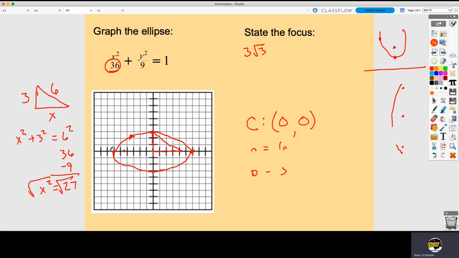And that would be on either side of the center here. So this would be a plus or minus 3 square root of 3. And then our y value would be whatever the y value of our center is, which is a 0 here.